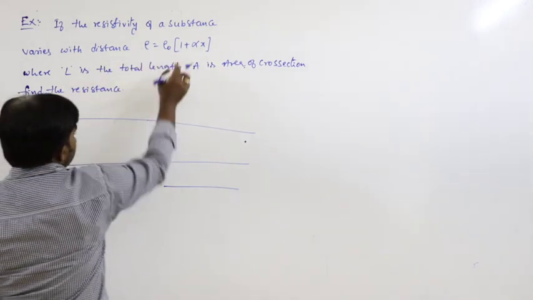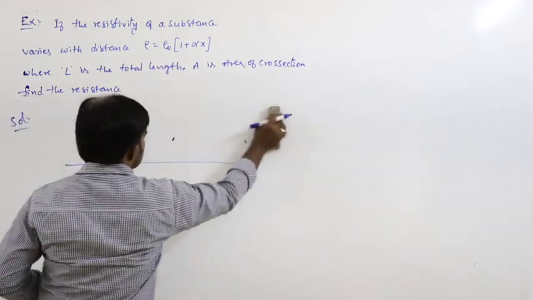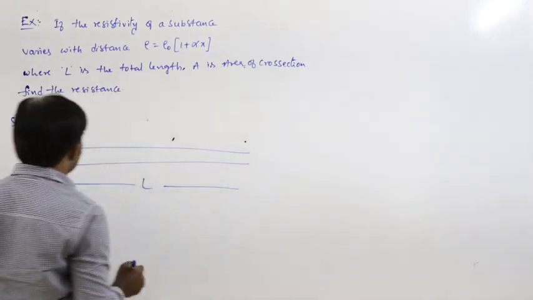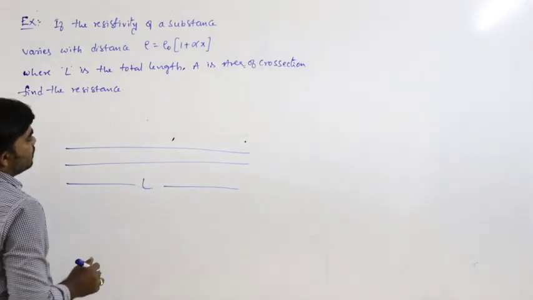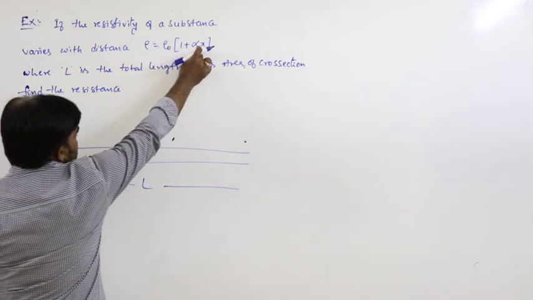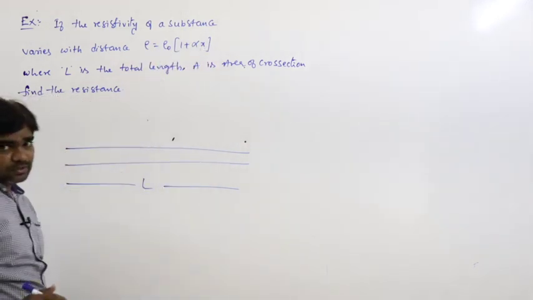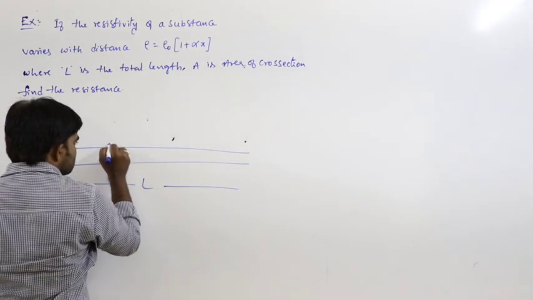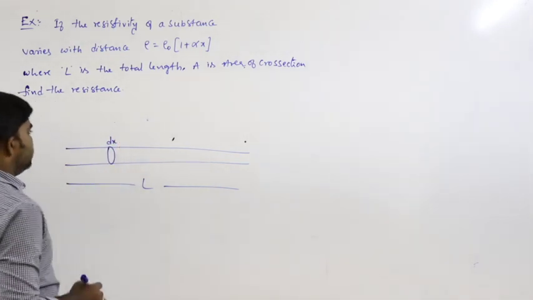Here the resistivity varies with distance. So here let us say this is the total length and area of cross section. Resistivity varies with the distance.